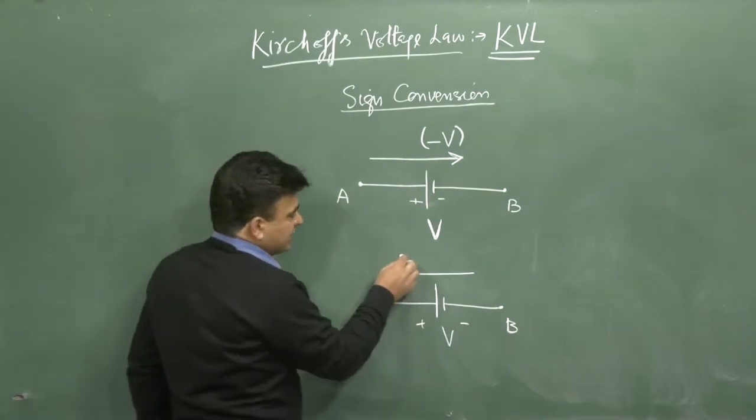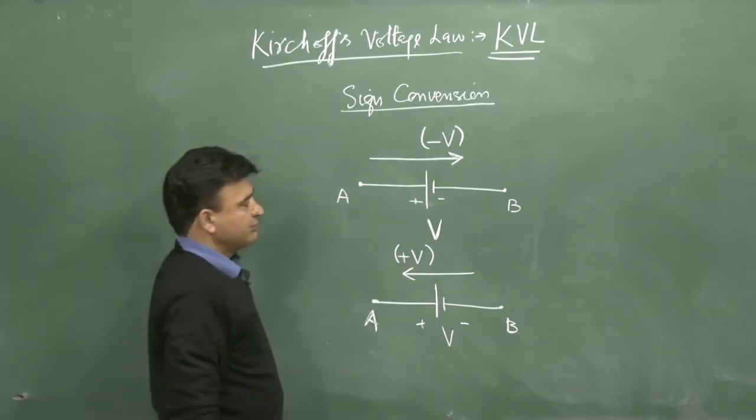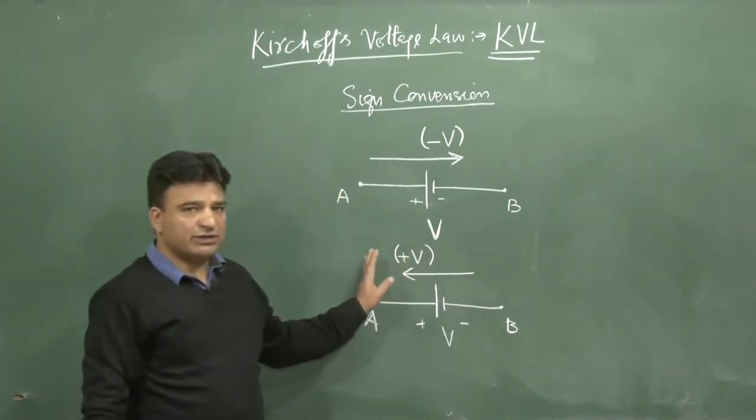At that instant of time, we have to take the voltage V as positive. This is the sign convention used for the battery.